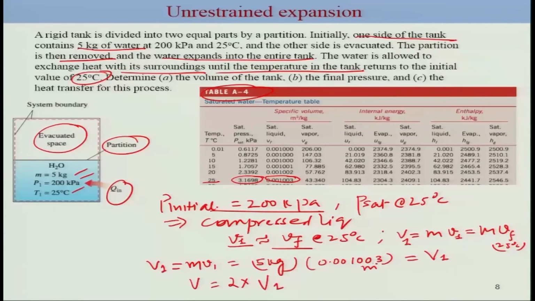So this would be your volume of the system. We can write this as 2 times 0.005, neglecting the digits beyond that, which would be 0.01 meter cube. So this is the total tank volume.